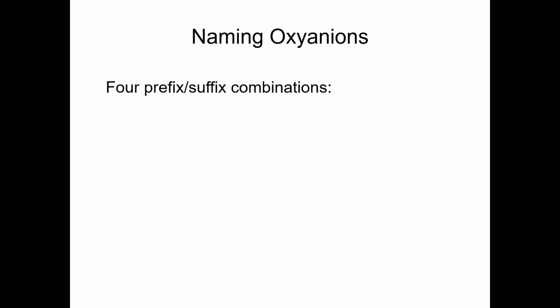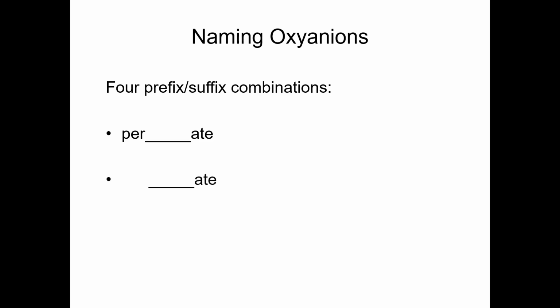The first thing is there are 4 prefix and suffix combinations that you want to learn when it comes to naming oxyanions, and these have to do with how many oxygens are attached to the central atom. If it has the maximum possible number of oxygens, it is per-blank-ate, and I'm going to tell you what I mean by the blank in just a second.